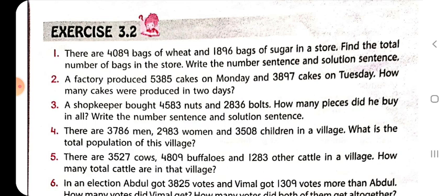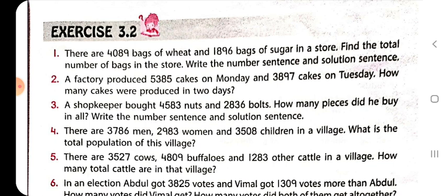The first one is: there are 4089 bags of wheat and 1896 bags of sugar in a store. So two points from this first line: the number of bags of wheat is 4089 and the number of bags of sugar is 1896. Now in the second line, find the total number of bags in the store.